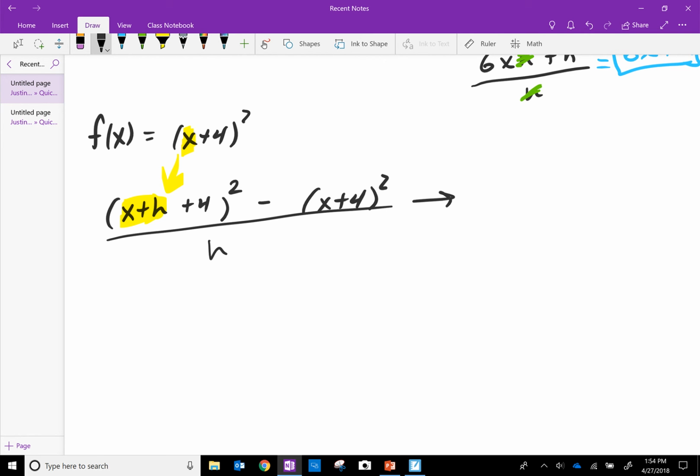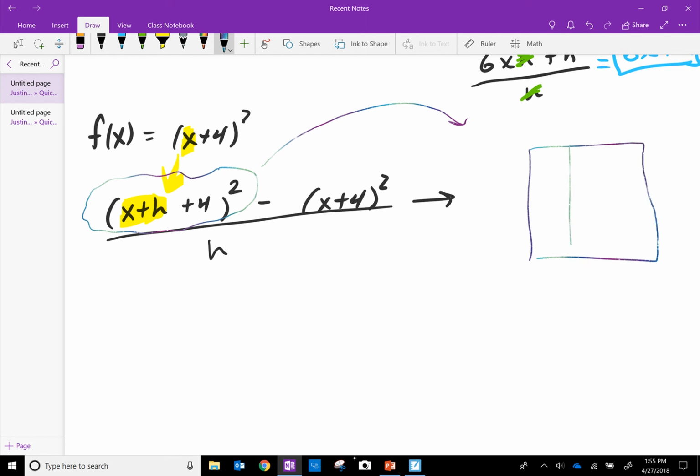Now, I have to expand this out. I don't have to use a box, but it's going to be hard to do it without the box. And this box is actually going to have 3 parts to it. We're going to have x, h, and 4, x, h, and 4.